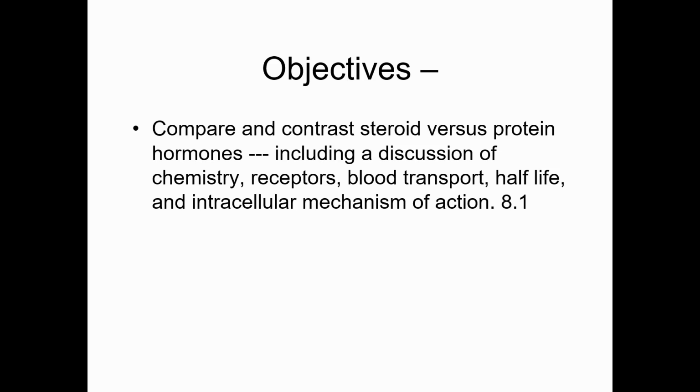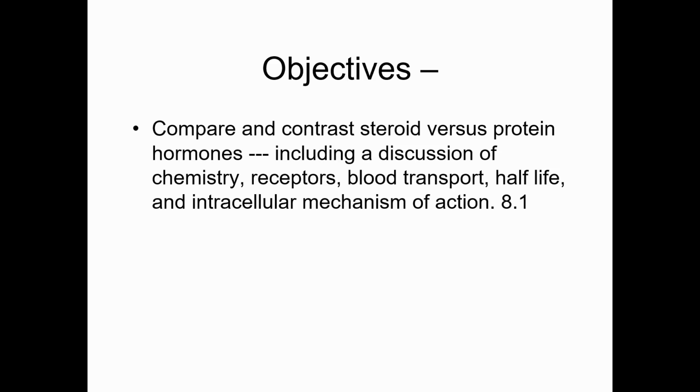And here are the things I want you to think about as you're doing that comparison. What is the chemistry of these substances? For example, steroids are cholesterol derivatives, whereas proteins are made from amino acids. The location of their receptors. Are their receptors inside the cell or in the plasma membrane? How are they carried in the blood?